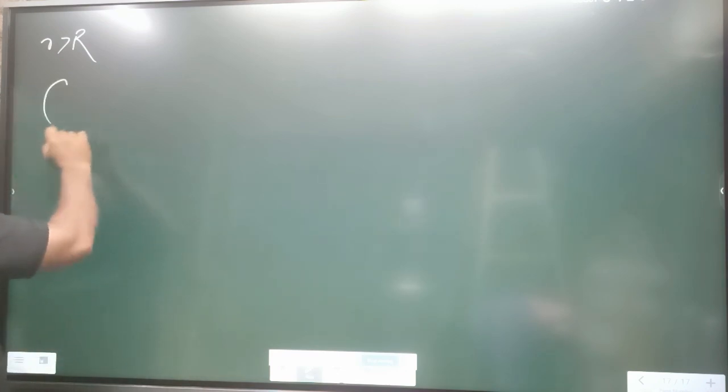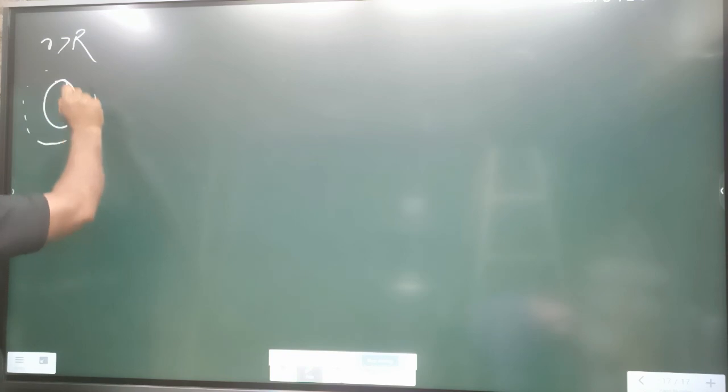Next, E out means small r is greater than capital R. This one is the body, and this one is the Gaussian surface.